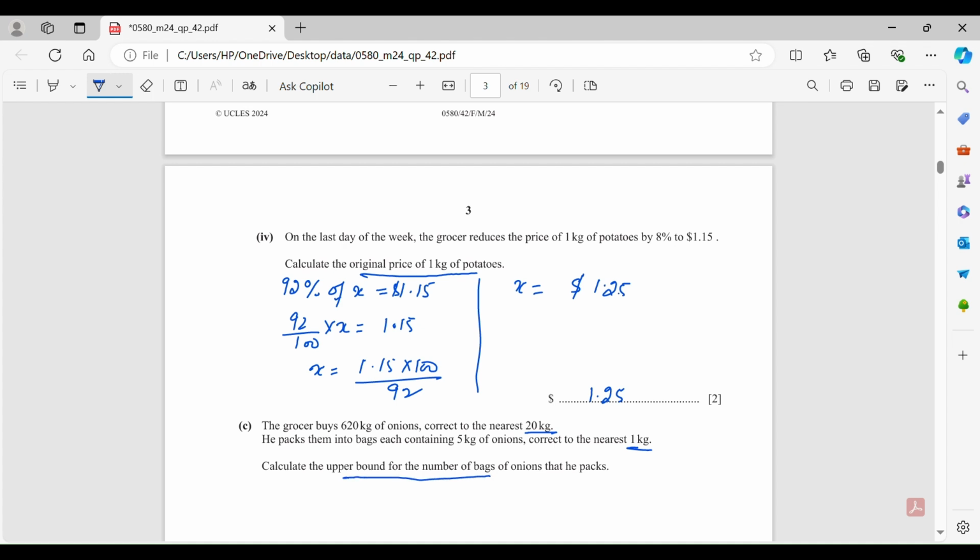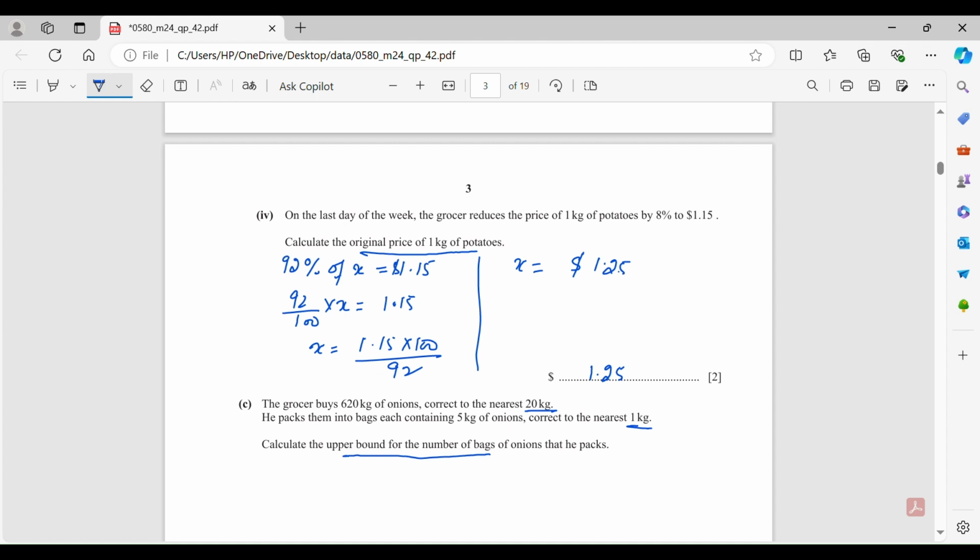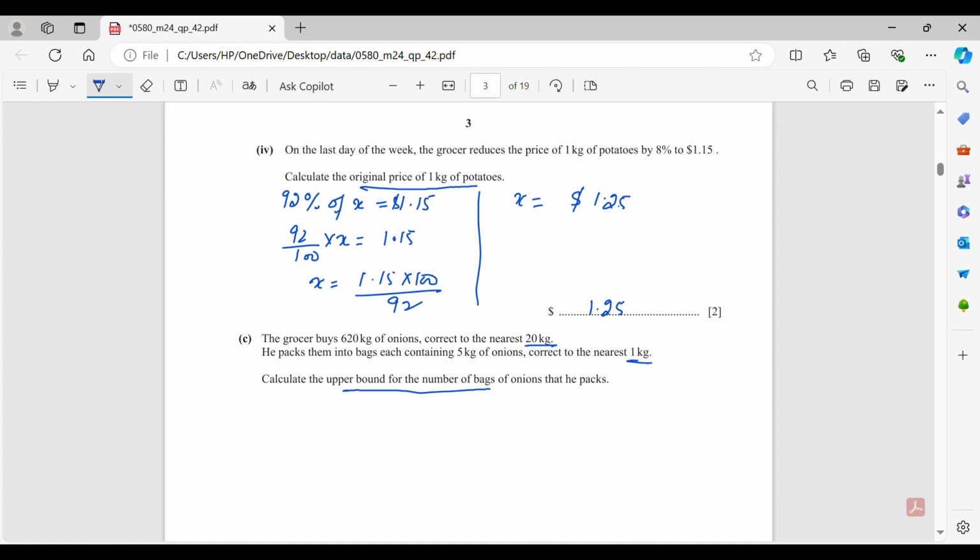Let's find the error first. The error here, 20 kg means 20 divided by 2, which is 10 kg, and 1 kg means 1 divided by 2, which is equal to 0.5 kg.